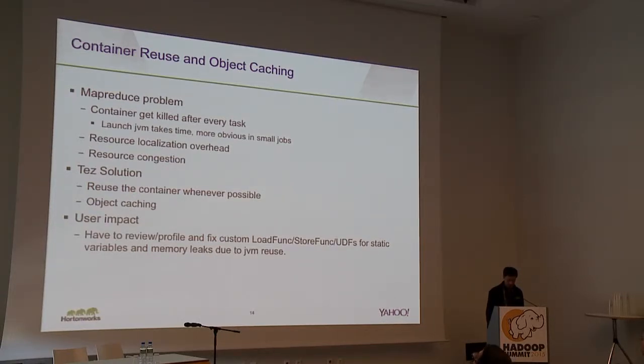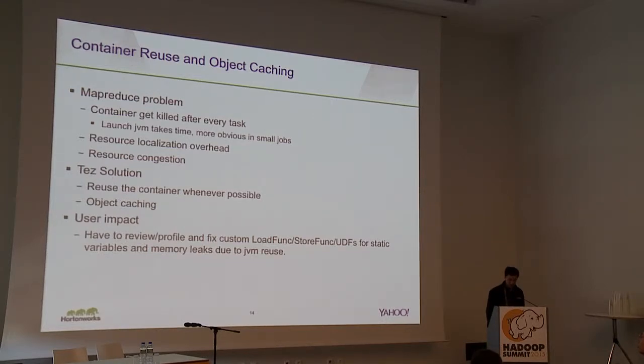And further, in some vertexes, we need to spend time to initialize resources. For example, in replicate join, we need to load the right side relation and put it into memory. And we need to do that thousands of times as well.